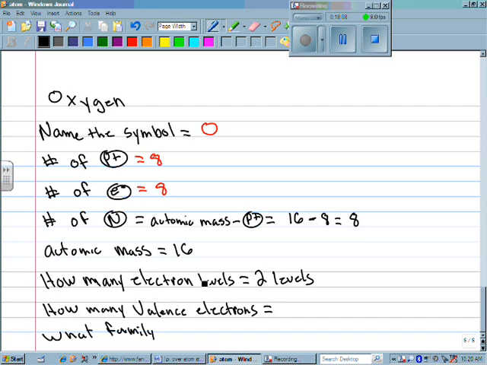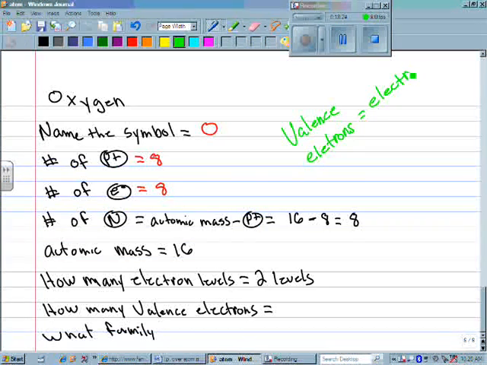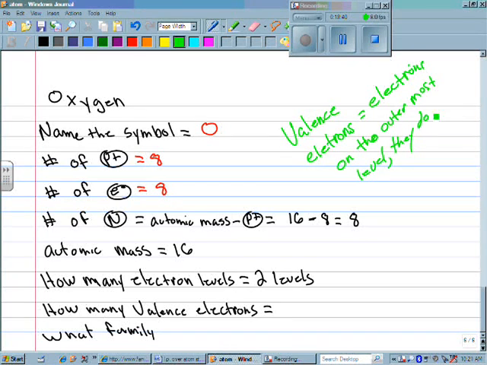Now, the number of valence electrons. Remember, valence electrons are the electrons on the outermost level. All right. They do all of the bonding. All right.